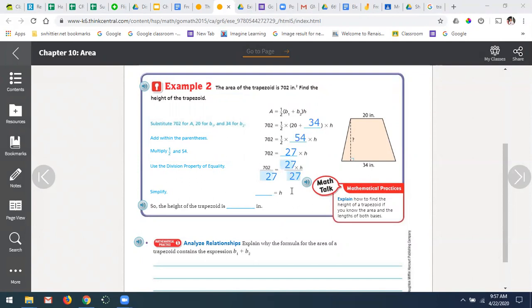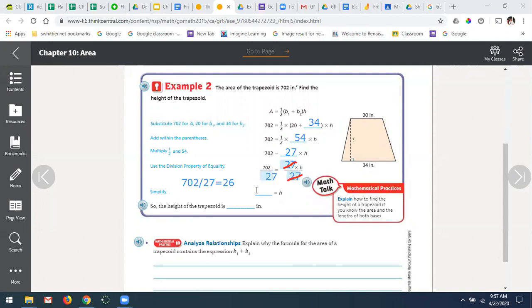Okay. So I know that 27 divided by 27, we're going to cancel those out. We're just going to be left with h. Here's our h. 702 divided by 27 equals, drumroll, 26.